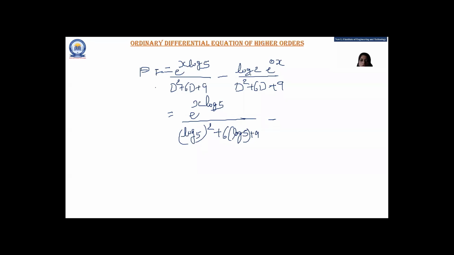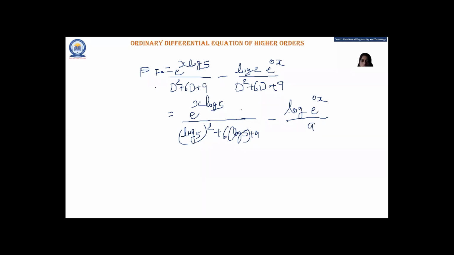Minus log 2 is the constant multiple, but here I replace my d by the multiple of x in the power of e, that is 0. So log 2 e raised to 0x, by replacing 0 in the denominator, 0 plus 0 plus 9, so only 9 is there, right?